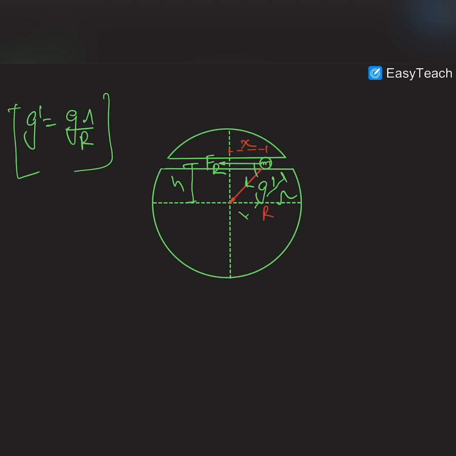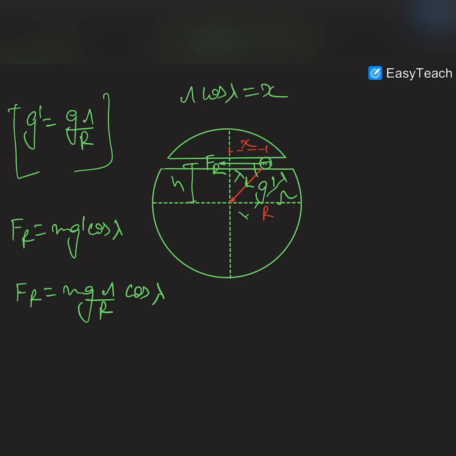So if this angle is lambda, we can say that the restoring force will be equal to mg' cos lambda. So restoring force will be equal to m, g' is gr by R, and cos lambda, and you can see that r cos lambda is x. So we can replace this r cos lambda with x. So this is mgx upon R.